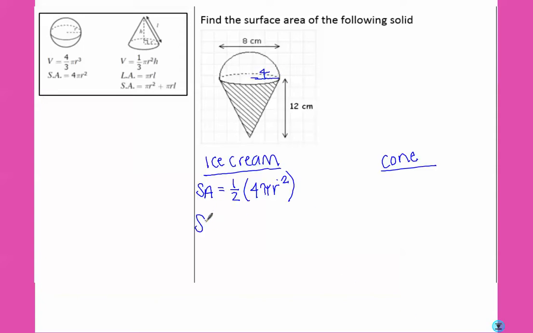So surface area will equal 1/2 times 4 pi 4 squared. We're going to leave out the pi when we type it in our calculator to make things easier for when we combine them. And we would get that it's 32 pi.